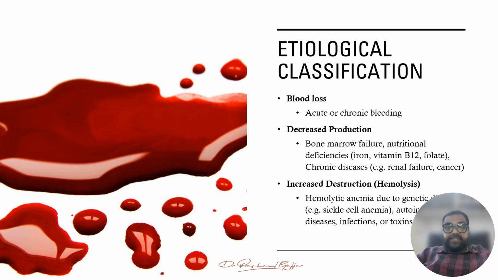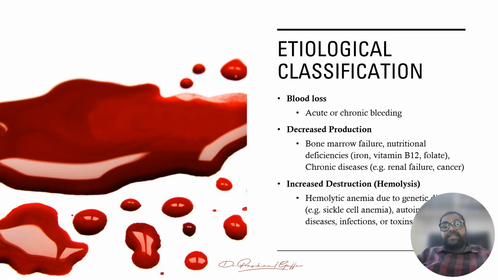Second, decreased production: diseases of the bone marrow, so bone marrow failure, or nutritional deficiency like elemental iron, vitamin B12 or folate. So RBC or HB cannot be created properly, right? Or some chronic disease like renal failure or cancer. In renal failure, there will be a loss of erythropoietin. So without erythropoietin, erythropoiesis does not happen, and the deficiency occurs, right?